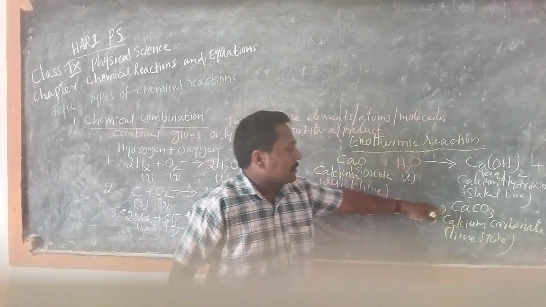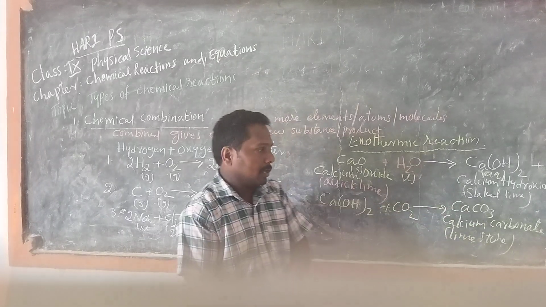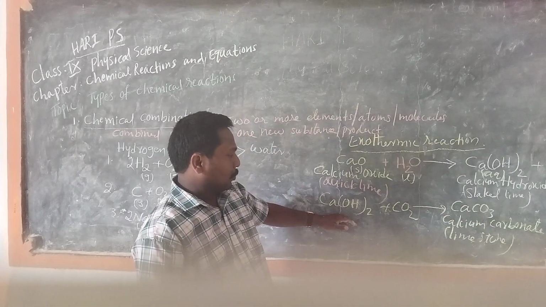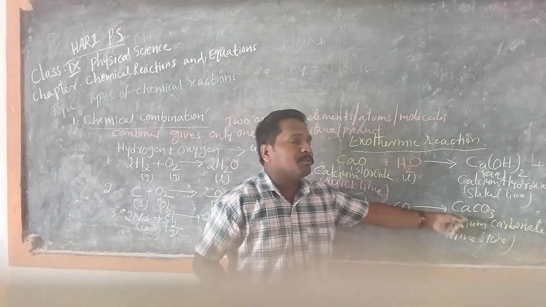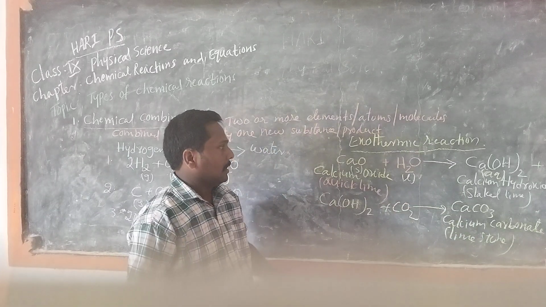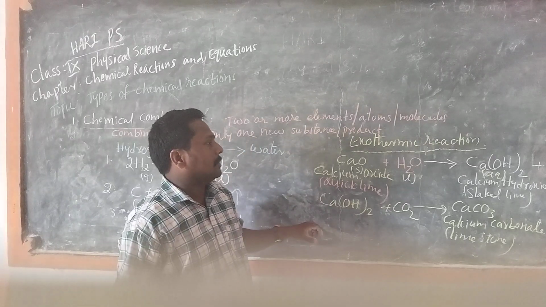That is nothing but calcium carbonate. So in this reaction also, two substances are combined together and form only one substance. So this is also an example of chemical combination.